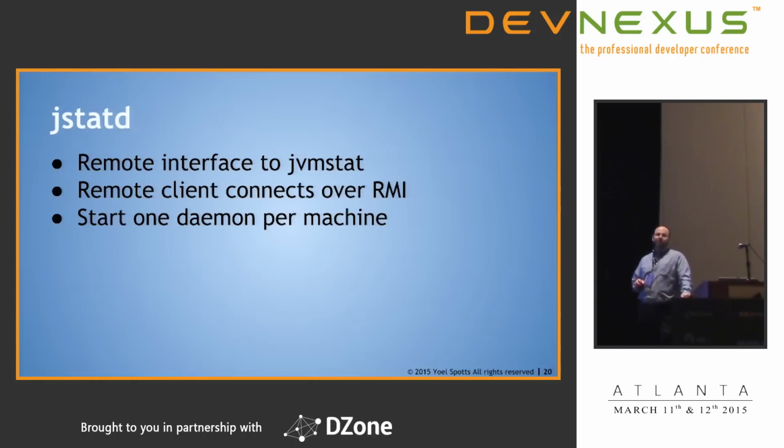So you run this daemon on the remote machine, and then the machine that you are trying to connect from will connect over RMI. And you only need to start one daemon per machine, and you'll be able to connect to all the JVMs on that machine. And hopefully, if I have time, I'll show you an example of that.